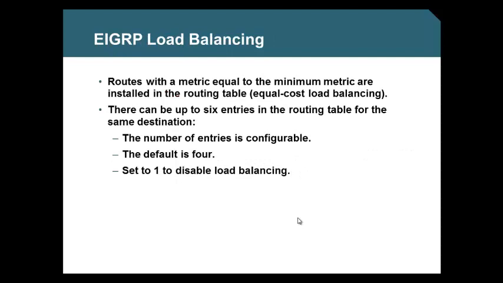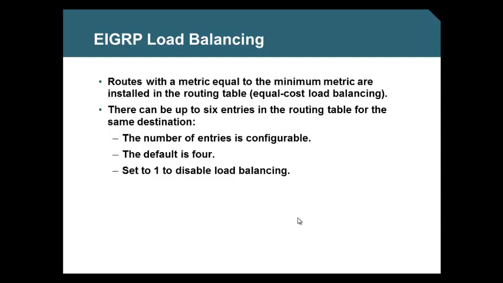And then the next topic that we need to focus on is unequal cost and equal cost load balancing. See, in order to load balance, we need to have multiple paths to a destination. Only then can I load balance across multiple paths.